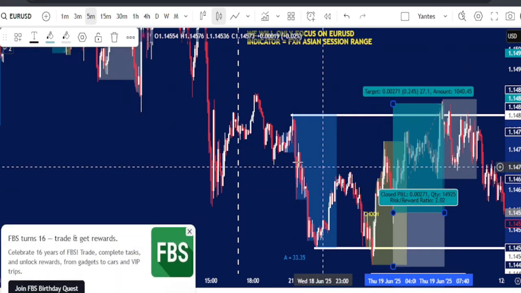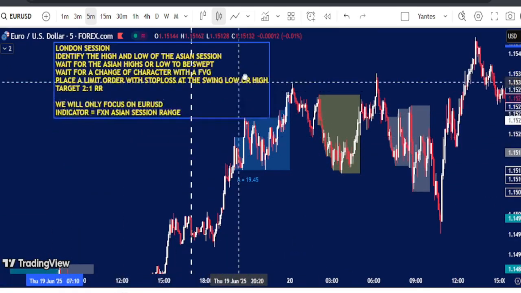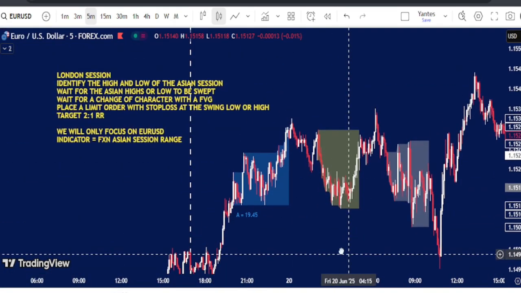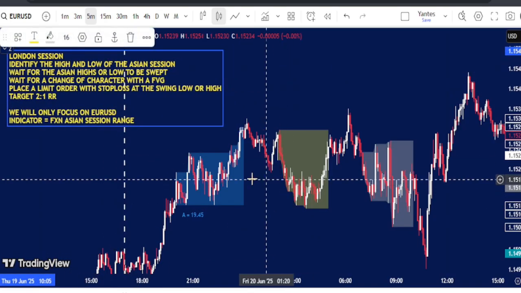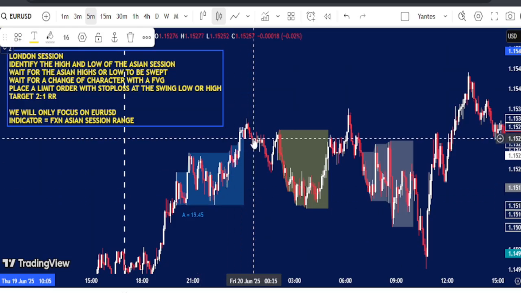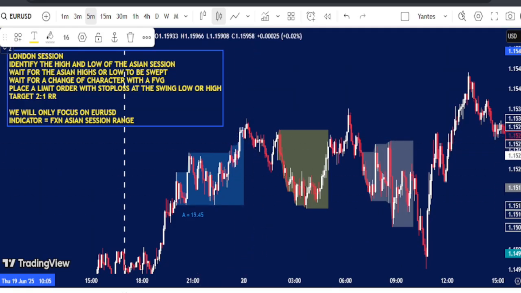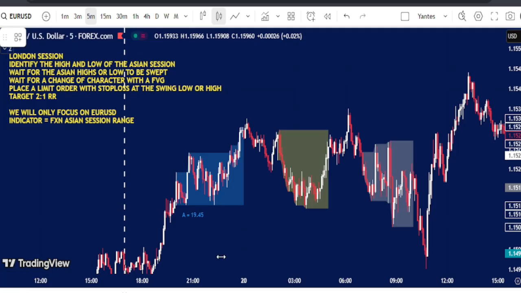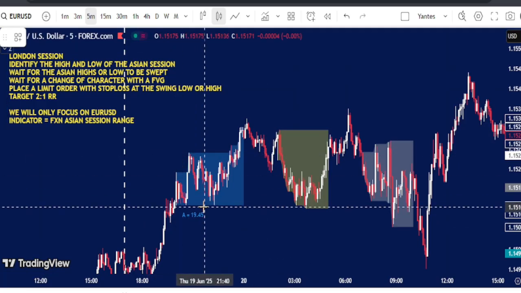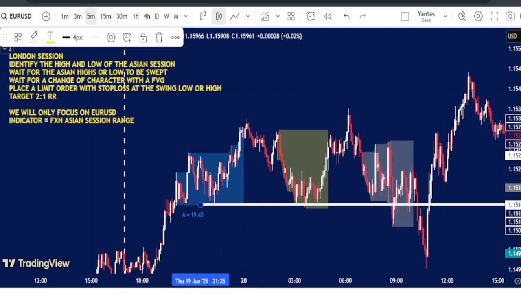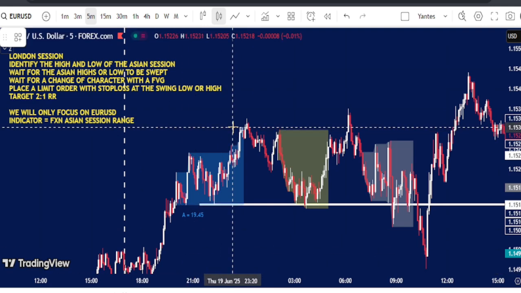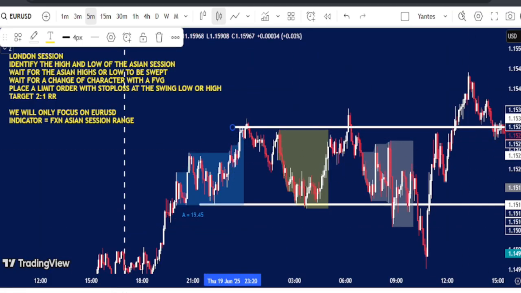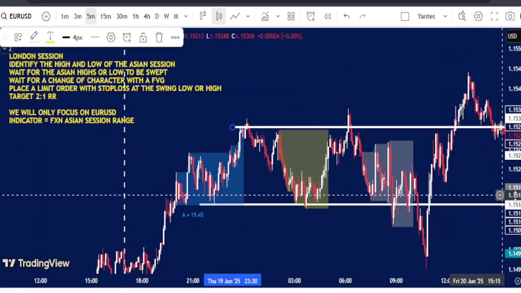Now let's go to another day. To this day, we see we have our Asian range, which is from here to here, isn't it? So you mark the lows and the highs. That is the high of the Asian range.